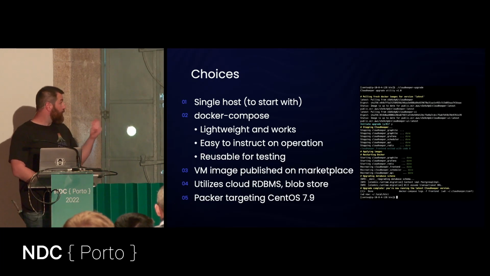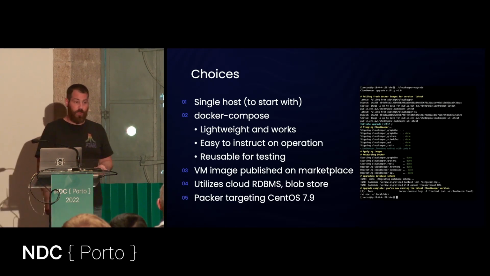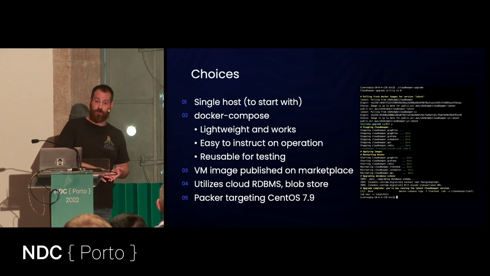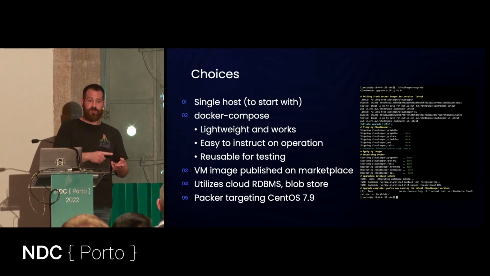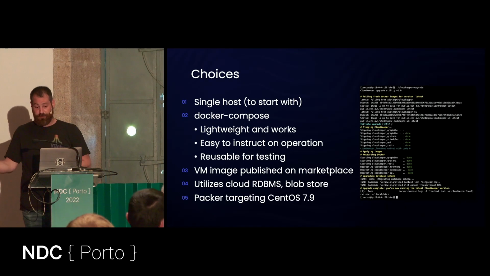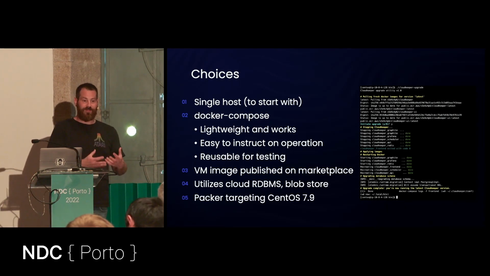So I ended up with single host deployments using Dockerized components, Docker Compose. Everything was defined with a single Docker Compose file, whether it was our various components, Redis, Postgres in some cases, although we ended up leveraging the cloud infrastructure for that. And critically, we had the same package for all use cases.